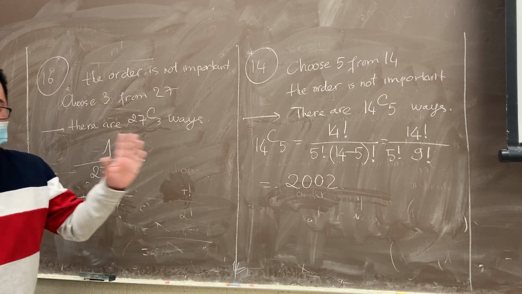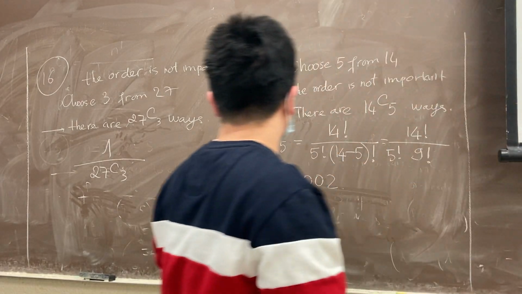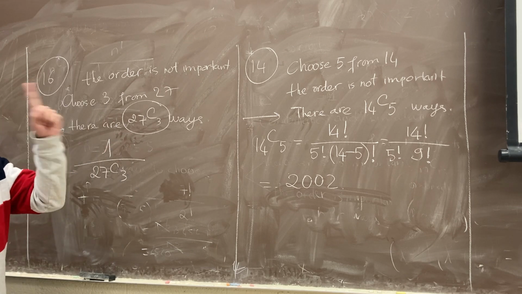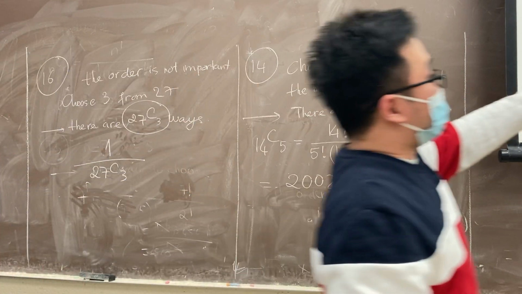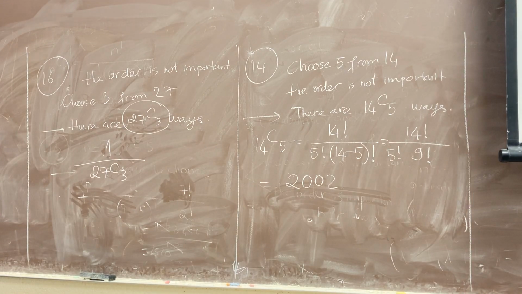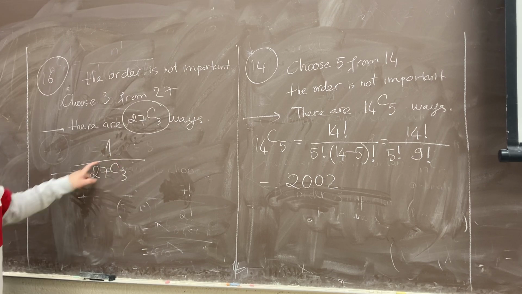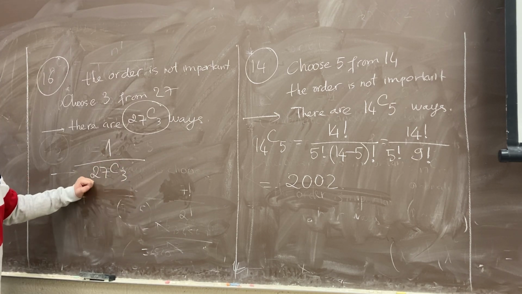The number of possible ways to choose that is this number, and the probability should be 1 over this number. Because the total number of ways to choose that is this number, and you only have one possible way, that is you and Rebecca and John are chosen. So the probability should be 1 over the total number of ways, right? So this is the probability.